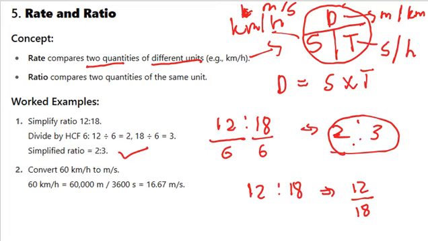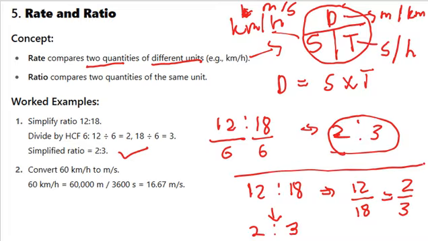When you punch that into the calculator and press equals, the calculator automatically simplifies it into the simplest fraction. That means our simplest form of this ratio is 2 is to 3. That's another way you can do it.